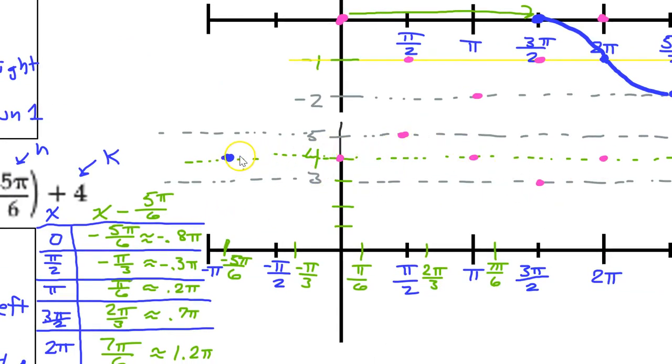So probably the easiest thing to do is just to follow the sine pattern right now. So the sine function starts on the midline, and then it goes to its highest value, and then it goes back to the midline, and then it falls to its lowest value, and then it goes back to the midline again. So we just follow the pattern of the sine function. So the final answer should look like this.